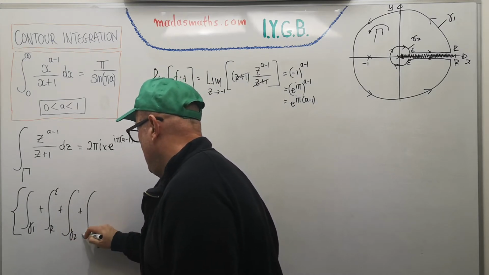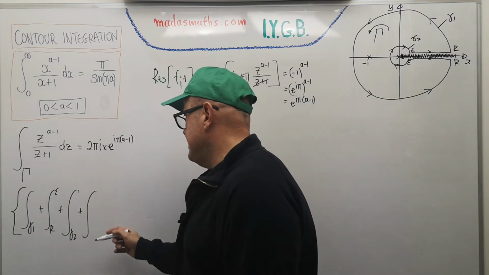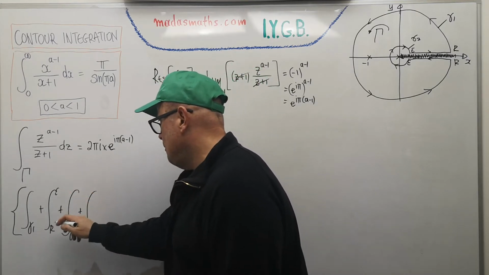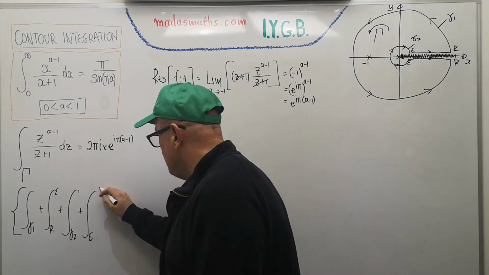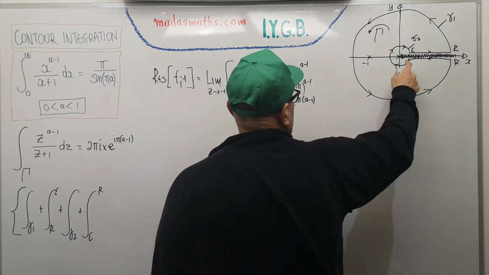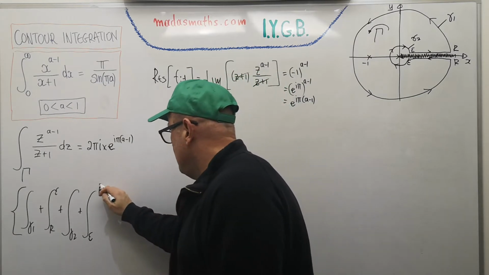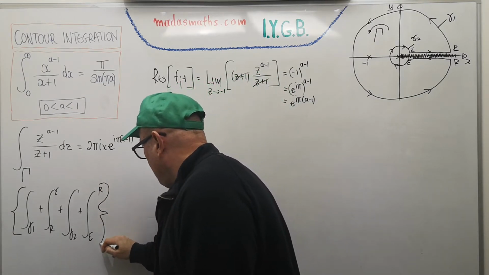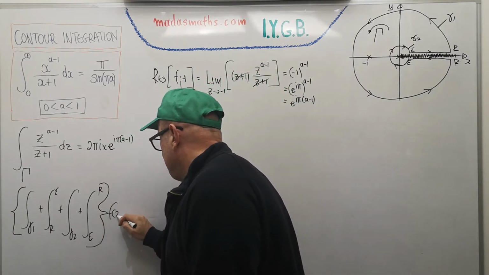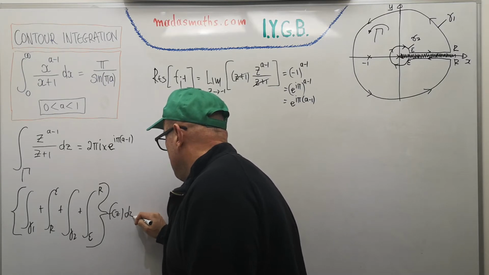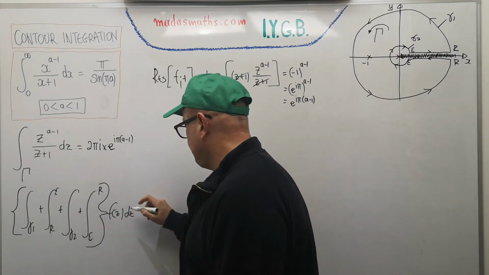Plus the integral along the straight line segment. Now I went from r to epsilon, now I'm going from epsilon to r, just checking that I've written it correctly. So that's that to that, yeah, so correct. Close curly bracket of f of z dz, where of course my f of z is this thing here.